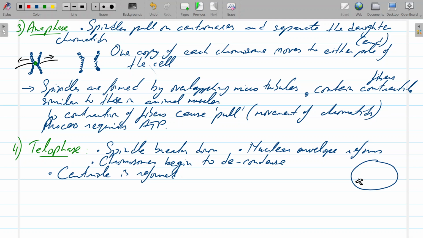Okay, what else do we have? That's all, right? So at this point, mitosis is complete, right? But the cells have not yet divided. So what you're going to have next is called cytokinesis.